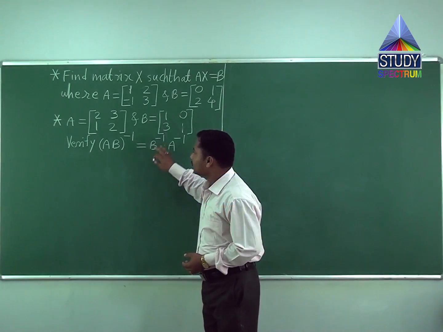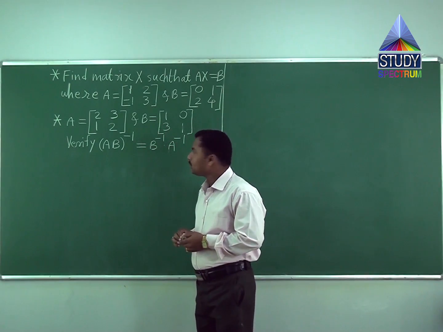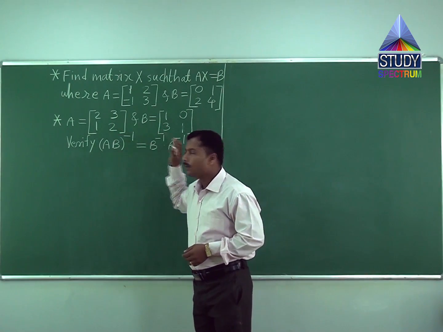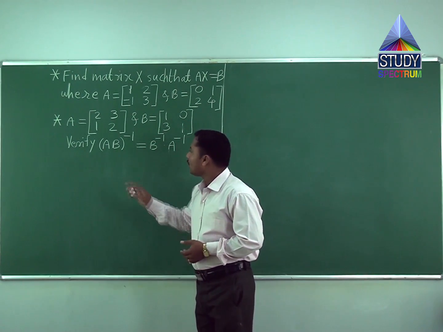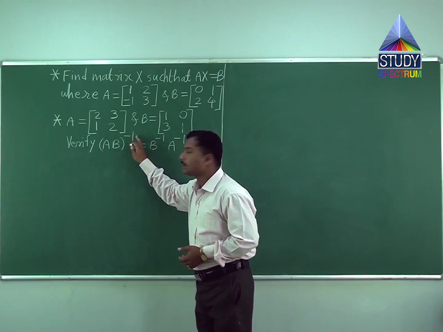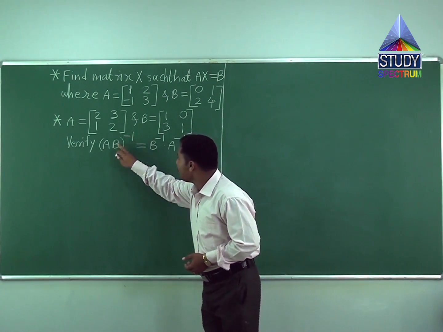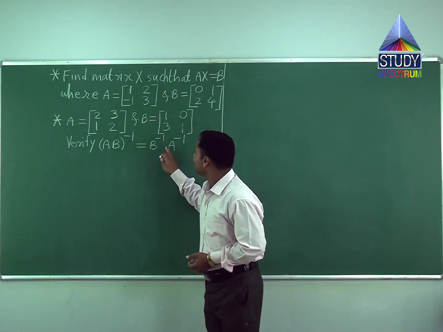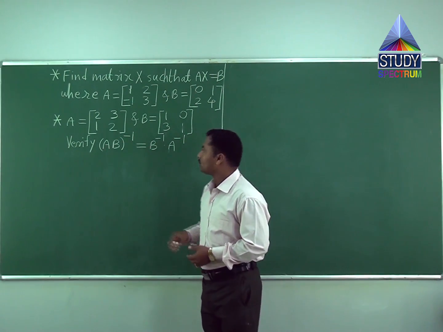So we discuss a very interesting problem. A is given and B is given, and verify that the inverse of AB equals B inverse into A inverse.